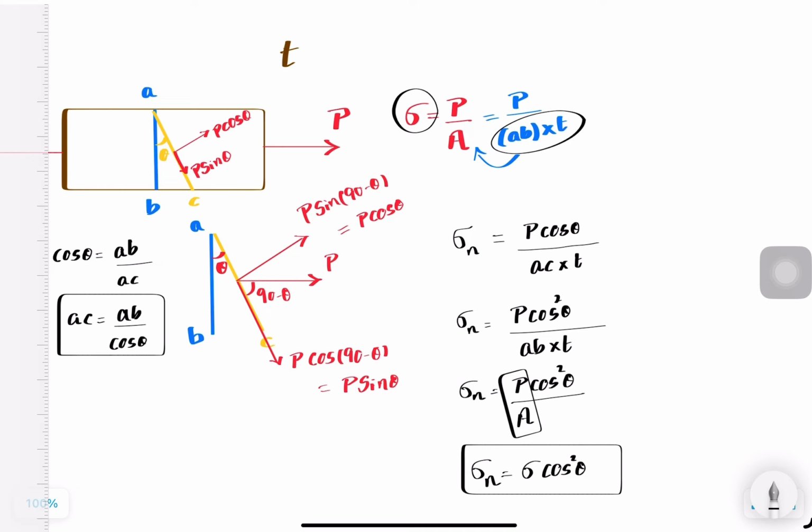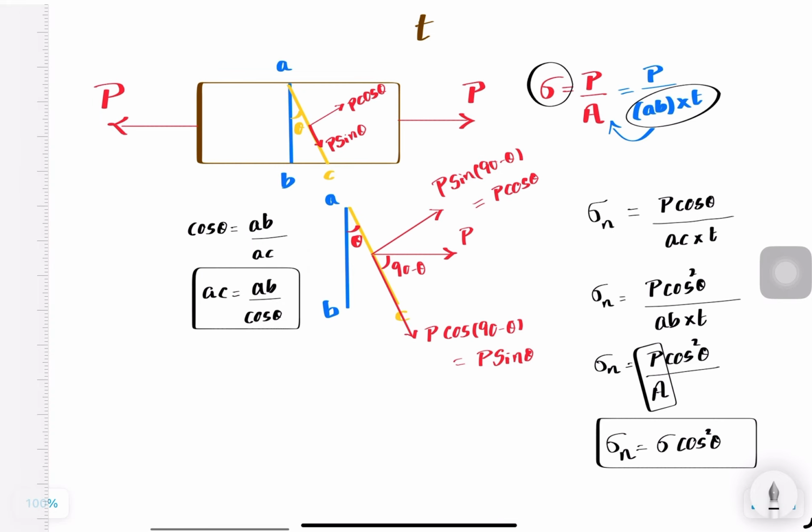Okay, now the expression for the shear stress. Let us find the tangential stress, which is the shear stress. I will add the suffix T. Shear force is P sine theta divided by the cross-sectional area, which is AC into thickness.